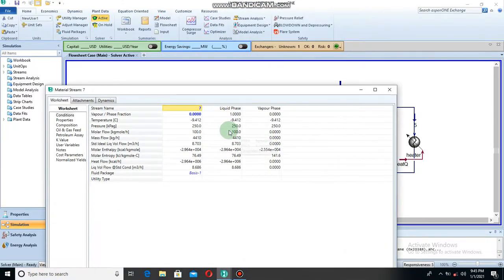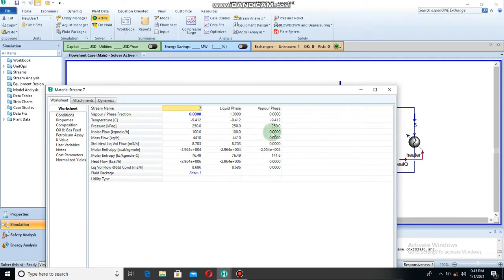Wow, you see, it did a very good job. It retrieved the heat to the extent that propane is now minus 9 degrees centigrade, all from 50 degrees centigrade, and the pressure is 250 kPa.